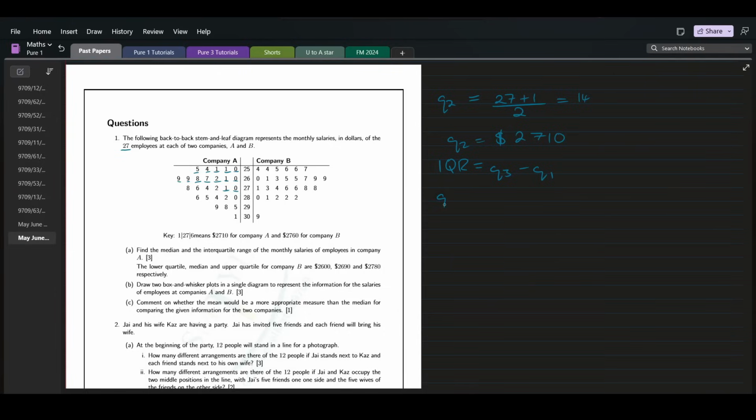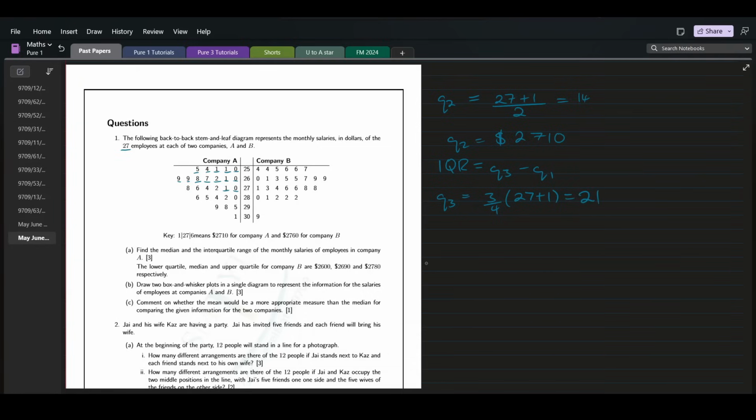Now to get the position for Q3, we can say 3/4 of n plus 1. N is 27, so this is 3/4 of 27 plus 1. That gives us 21.